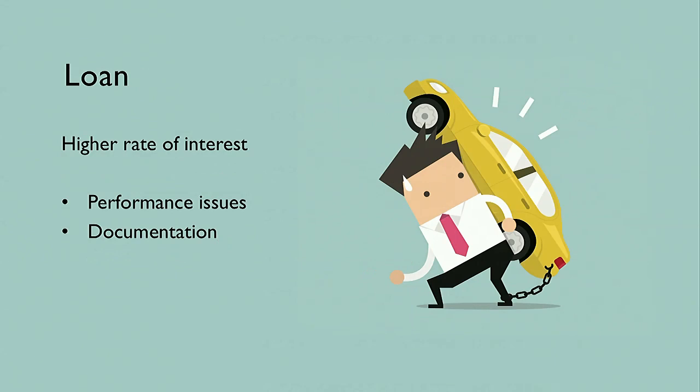Our next category is a loan, the type of loan that you take out for a car that you're going to buy. These might have a smaller principal, or could still be quite big, like the cost of repairing, but they've got a higher rate of interest. Something like a performance issue that's costing you recurring interest every month.